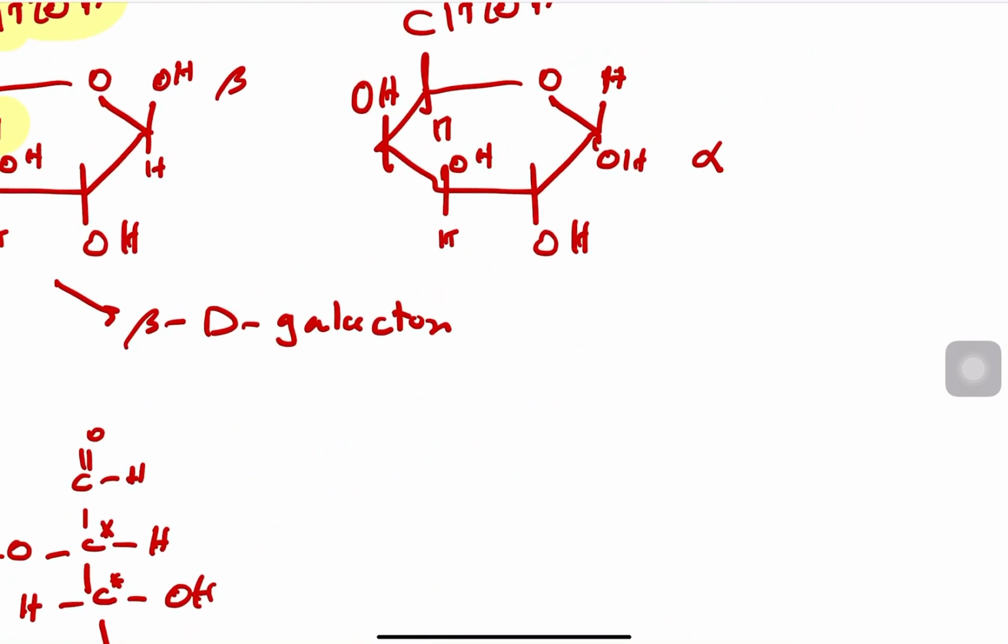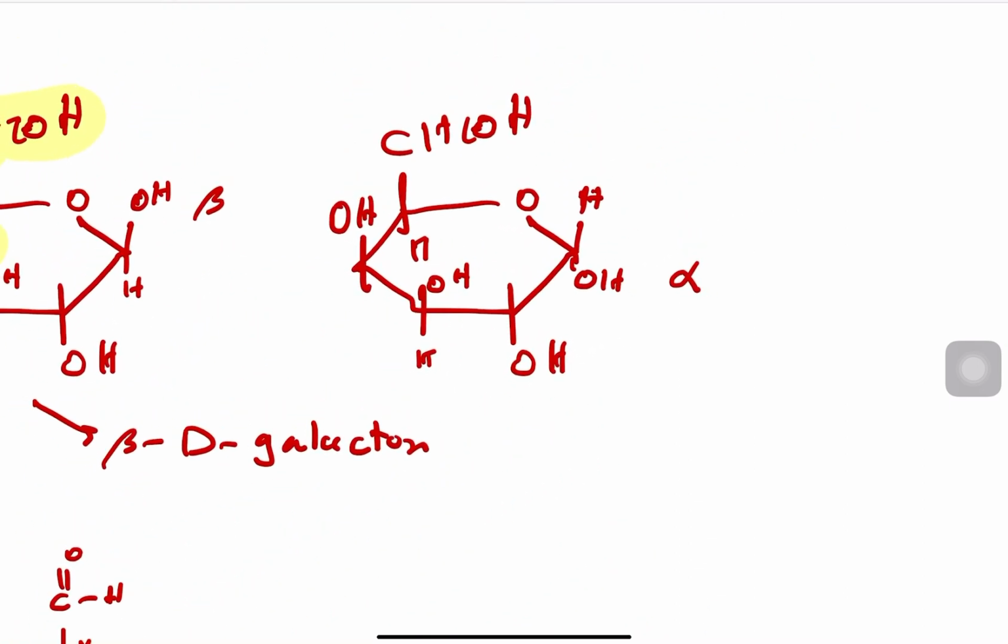Okay, for example, the last one is galactose. First I change it to glucose. Carbon number 4, excuse me. And now if I change carbon number 2, again it shows a D.